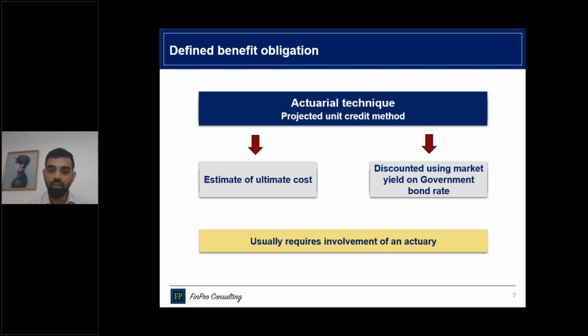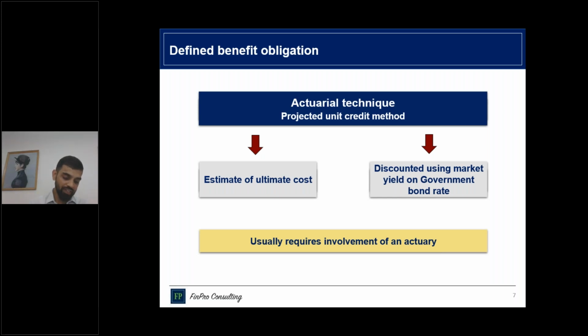This is how the discount rate is used, because the discount rate plays a very crucial role in determining the impact on your profit and loss. It is one of the key factors that impacts profitability. So you need to be 100% sure while selecting the government bond rate.